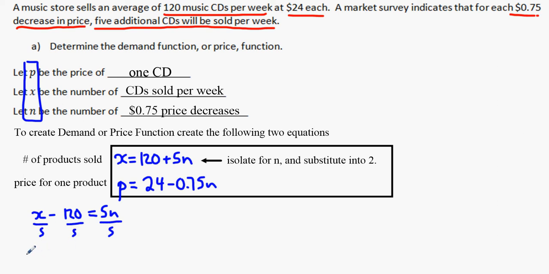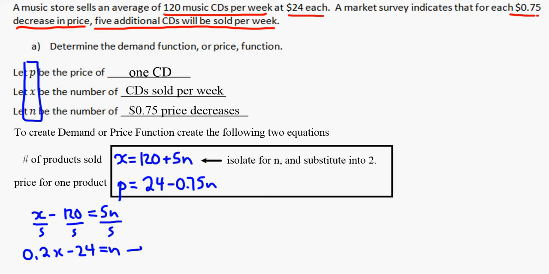Here I'm going to go decimal: 0.2x minus 24 is equal to n. I'm going to take this equation and substitute it into my other equation.